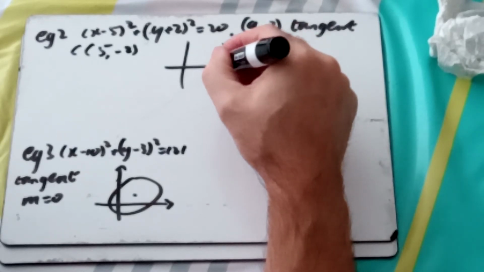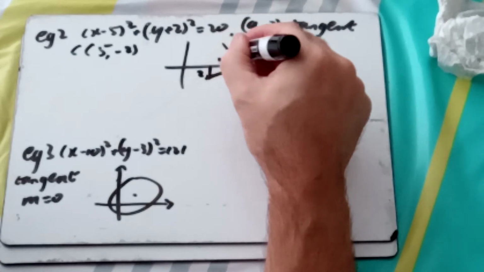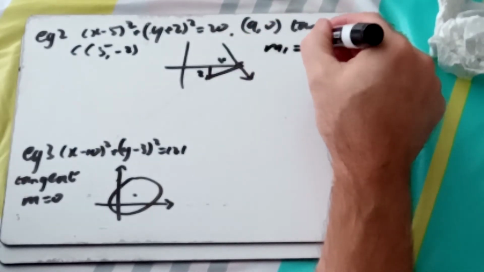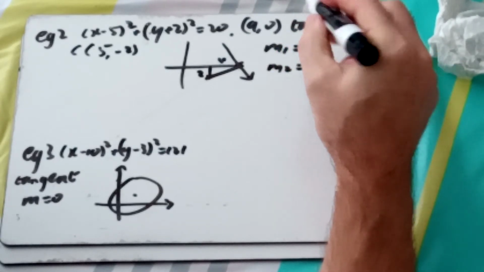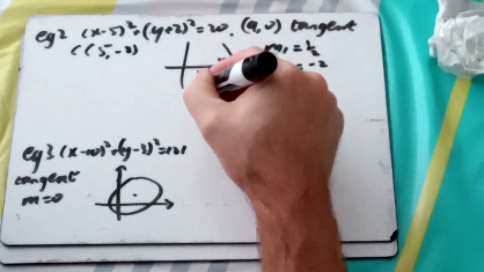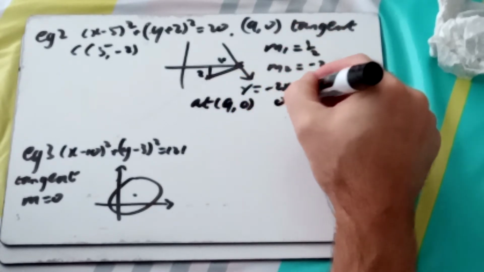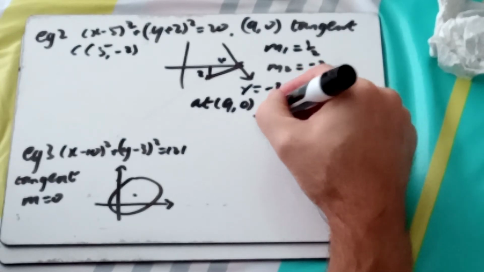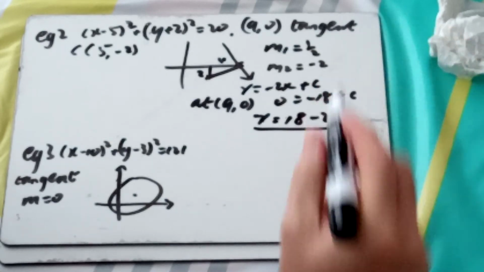So from minus 2 up to 0 is 2 up, and from 5 to 9 is 4 along, so the gradient of the normal, changing y with changing x, 2 over 4 is a half. The gradient of the tangent then is minus 2. So y equals minus 2x plus c at 9, 0: 0 equals minus 18 plus c, c equals 18, so y equals 18 minus 2x is an equation of the tangent.